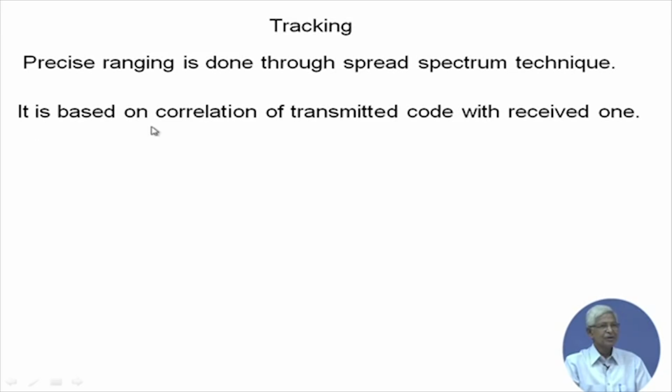It is based on correlation, that means a certain code we send, and the receiver knows the code, at the same place where the transmitter is. The transmitter sends the code, it goes to the satellite, it comes back, and then the code is compared with the transmitted code, and from the delay in the code, in terms of how many bits it got delayed, you can find out the range.